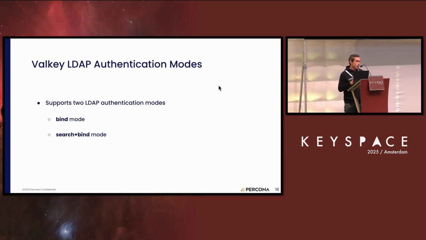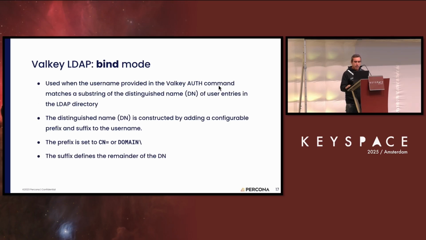So, as I was saying, there are two main authentication modes for LDAP. One is called bind mode. It's the simplest one, and there's the search plus bind. The bind mode is the most simple one because it can be used whenever the username registered in Valkey appears in the distinguished name string.